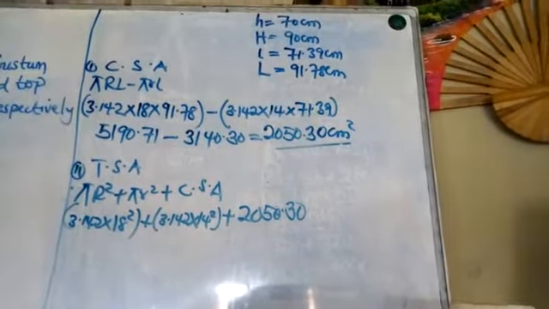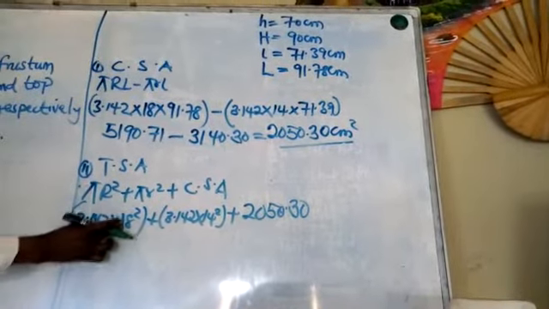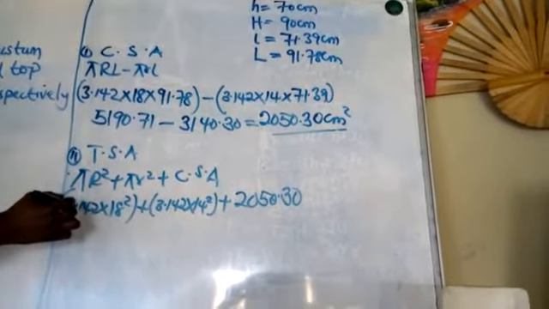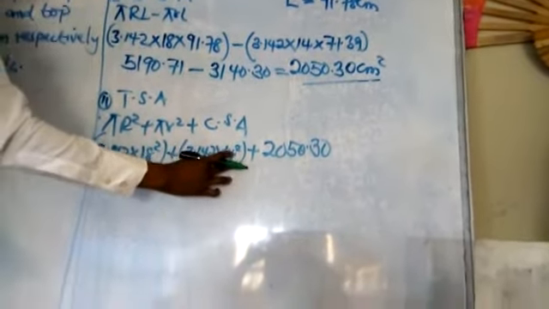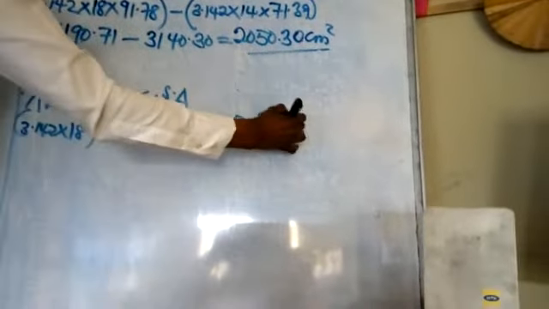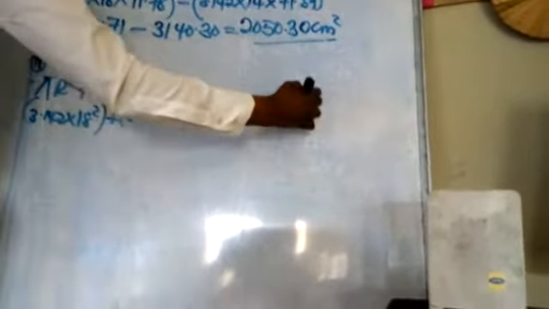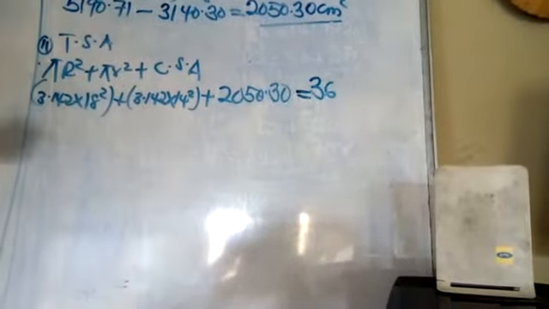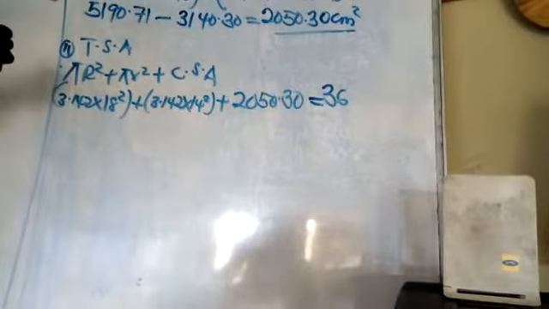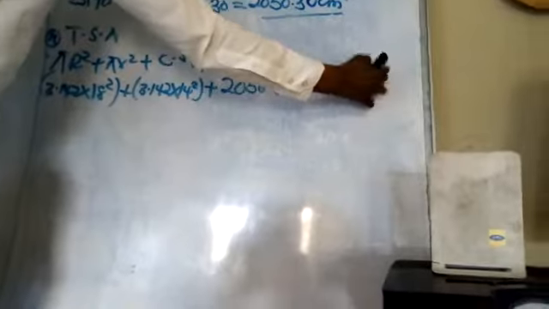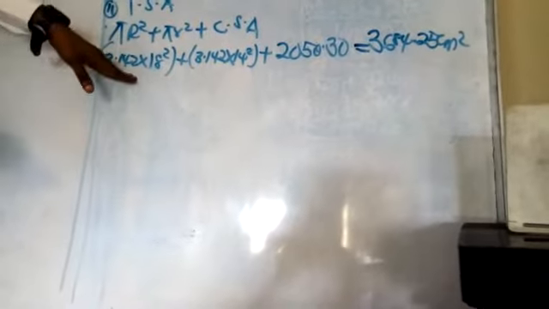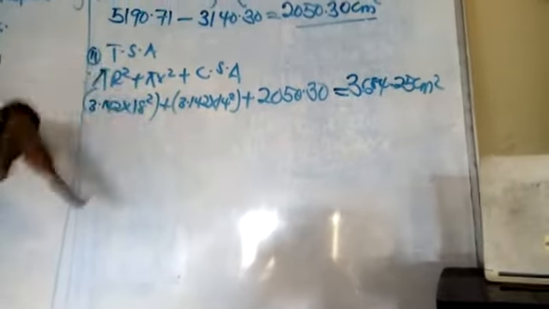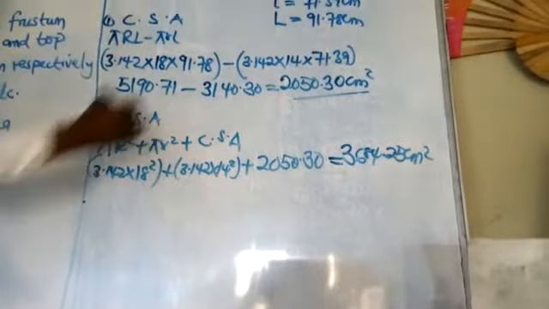So by the time you evaluate these values and add up all these parameters, you are going to arrive at 3684.25 square centimeter. So this becomes the total surface area of the frustum of the cone. So evaluate it and you arrive at that answer, okay?